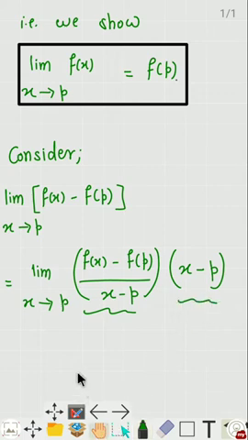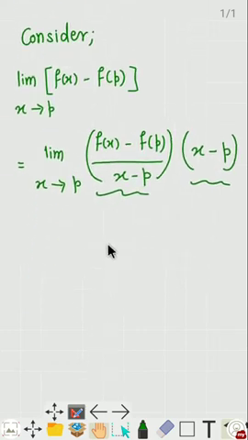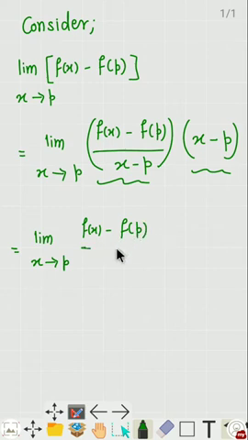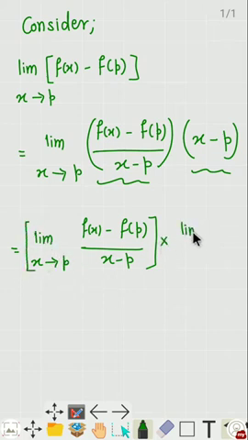In the next line we write it is equal to the limit x tends to p of the function (f of x minus f of p) whole divided by x minus p, into limit x tends to p of x minus p.